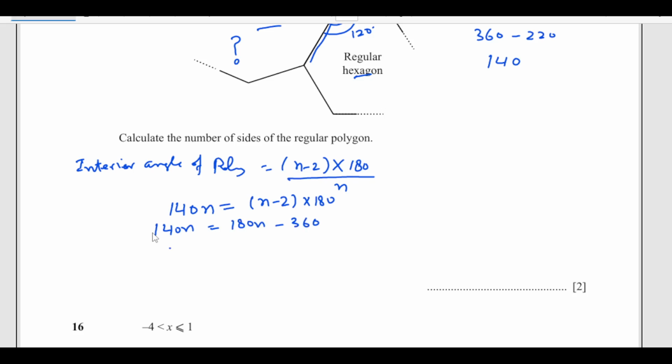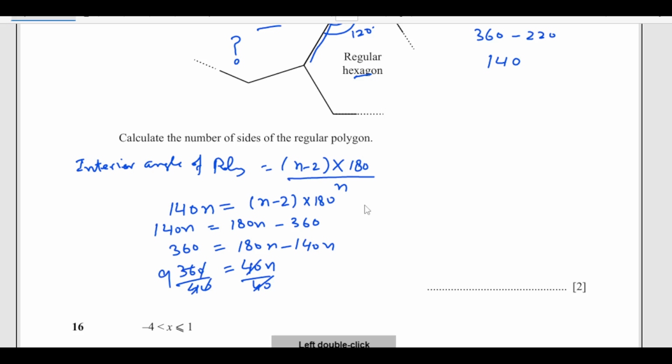Now bringing 360 to this side, and 180 n minus 140 n, so this is 360 equals 40 n. So divide by 40, divide by 40. So this is gone, 4 times 9, so we got n as 9. So the final answer is 9, right?